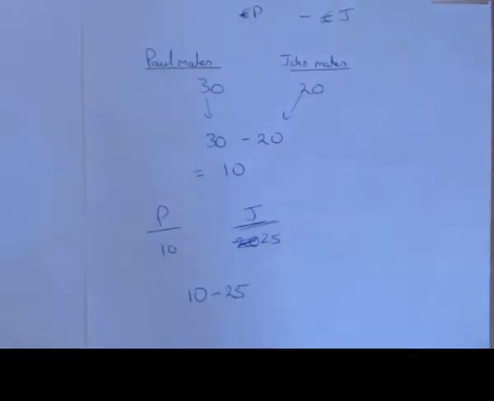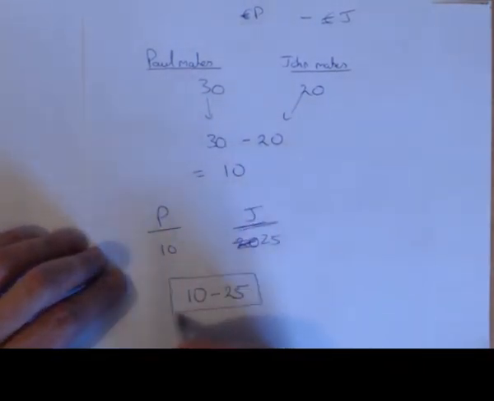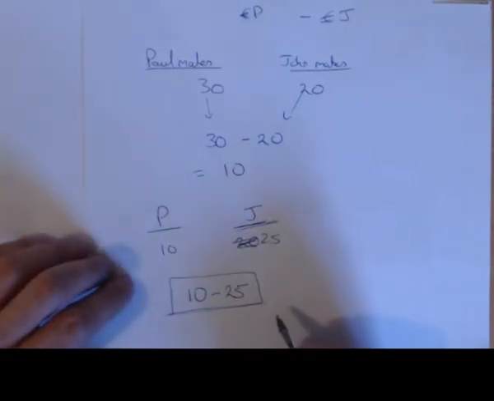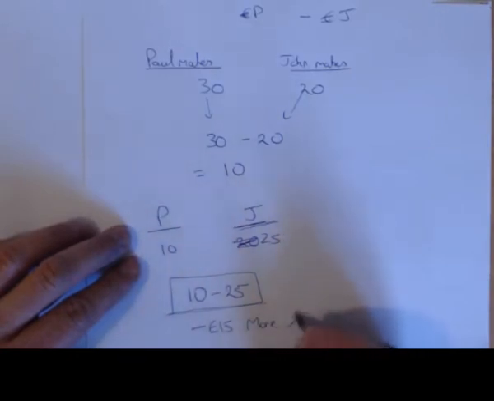So normally in English we would say that Paul makes €15 less than John, but because we have this formula, we need to know what the formula creates. So instead of saying Paul makes €15 less than John, we say that Paul makes negative €15 more than John.